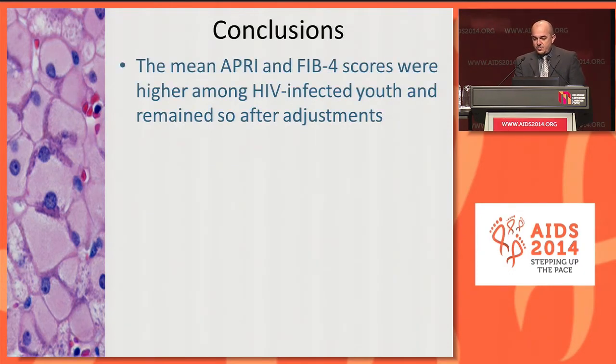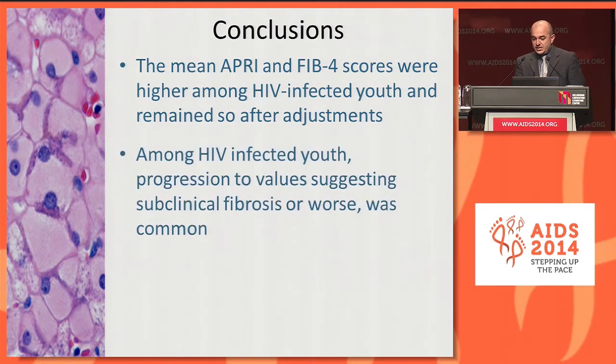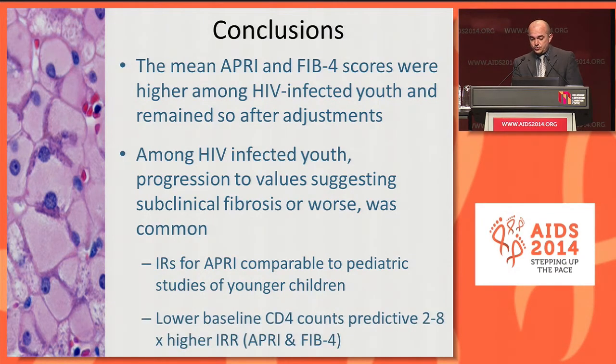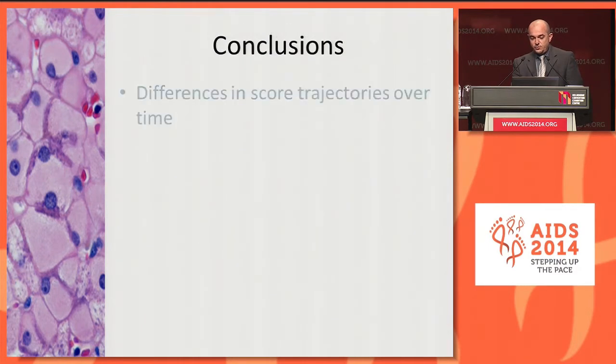So, conclusions. The mean APRI and FIB-4 scores were higher among the infected youth and remained so after adjustments. Among HIV-infected youth, progression to values suggestive of subclinical fibrosis or worse was common. The incidence rates for APRI were comparable to pediatric studies in younger children, and lower baseline CD4 counts were predictive of higher incidence rate ratios for both APRI and FIB-4.